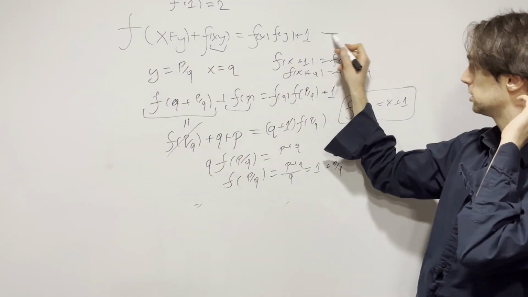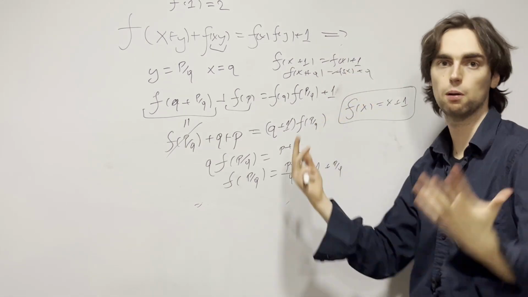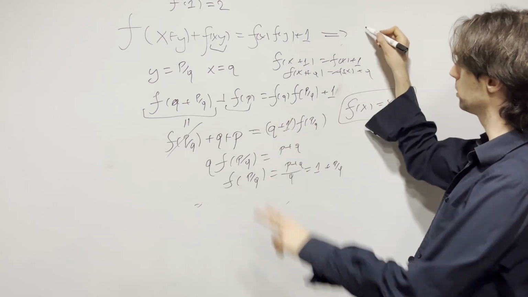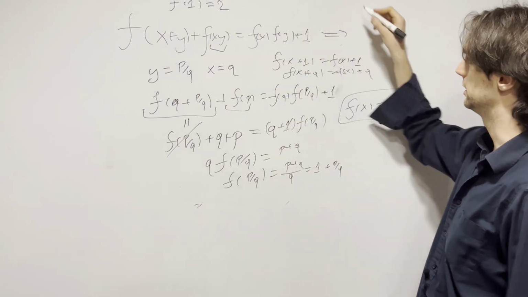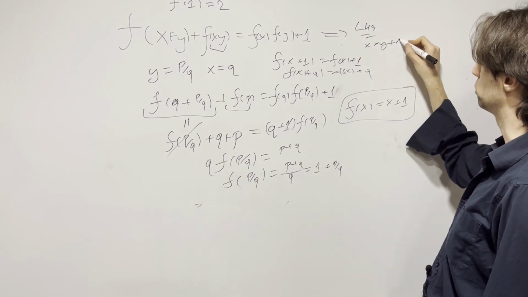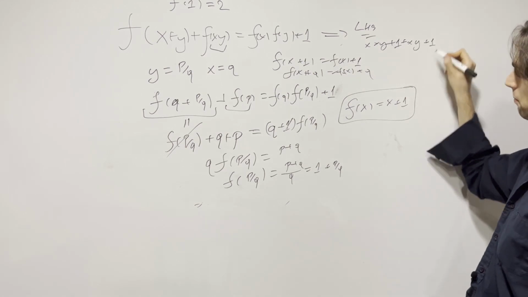And what happens is when we plug in f of x, this is called the checking part of the equation. When we check f of x is x plus 1, we'll get that the left-hand side is equal to x plus y plus 1, that's what this is, plus xy plus 1.